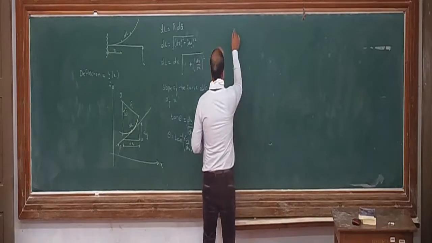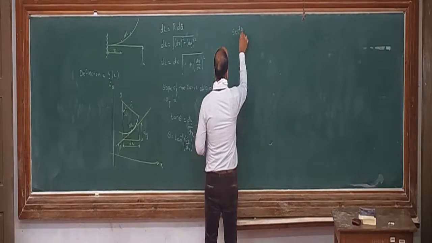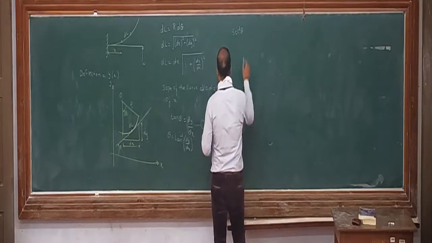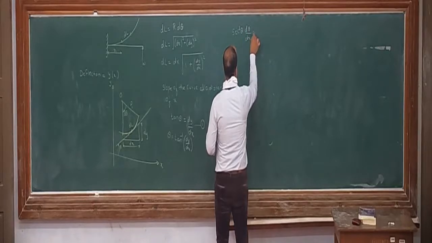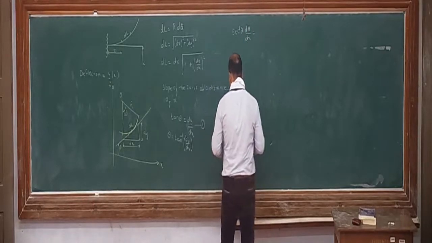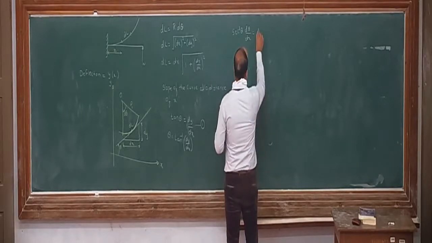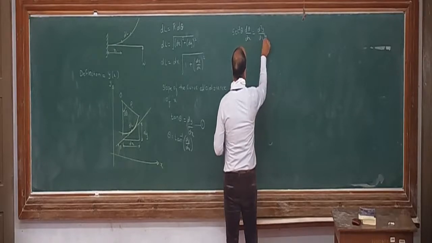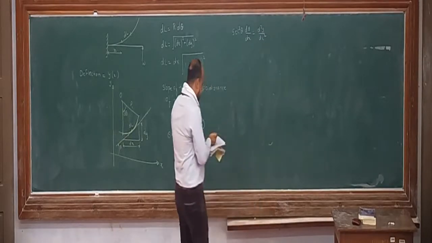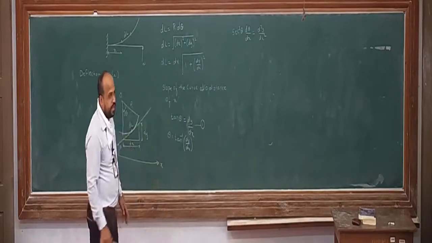Sec square theta. So sec square theta d theta by dx is equal to, what is the differentiation of dy by dx? It is nothing but d square y by dx square. Sec square theta d theta by dx is equal to d square y by dx square.